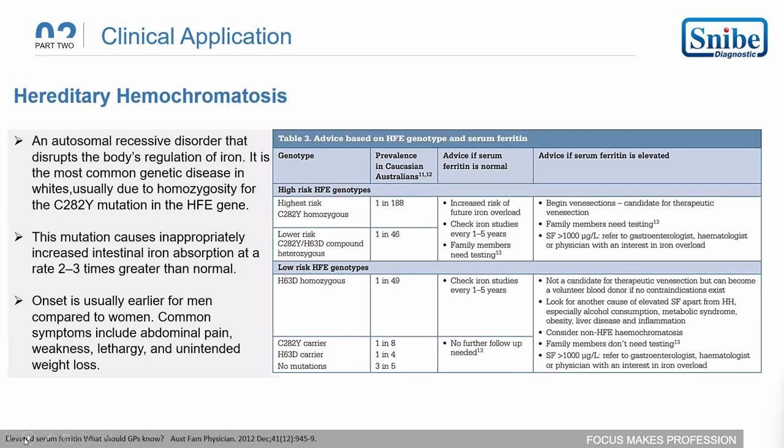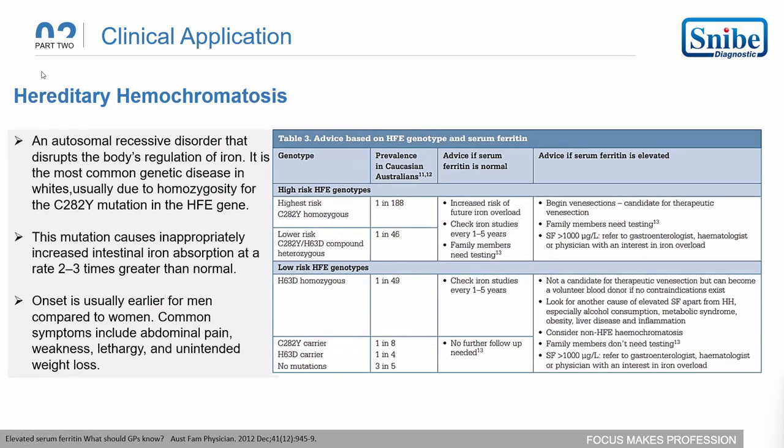So if we talk about hereditary hemochromatosis, this is an autosomal recessive disorder that may lead to dysregulation of iron in the body, and it is the most common genetic disease in whites, with homozygotes for the C282Y mutation in the HFE gene.